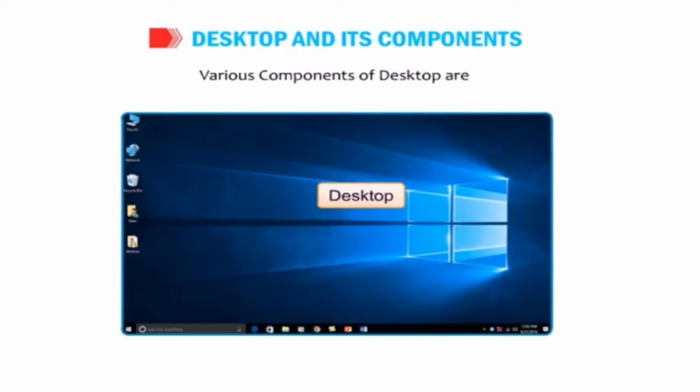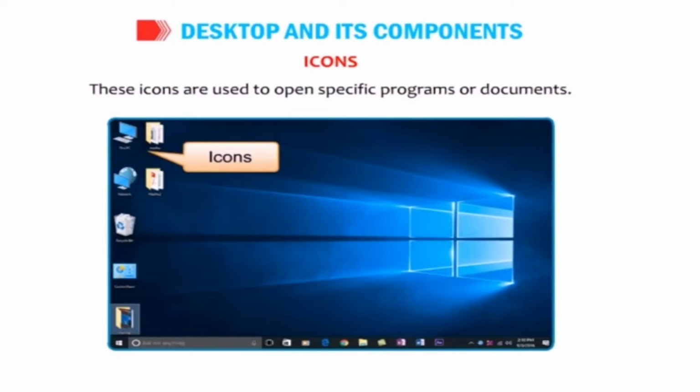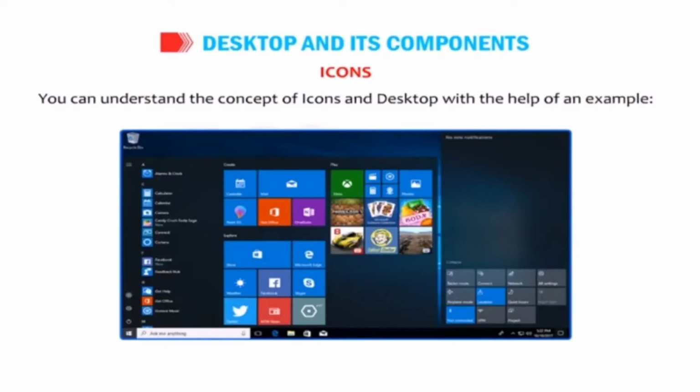Then various components of desktop. First one is icons. These are small pictures, labeled or symbols present on the desktop, that are known as icons. These icons are used to open specific programs or documents. You can understand this with the help of an example.